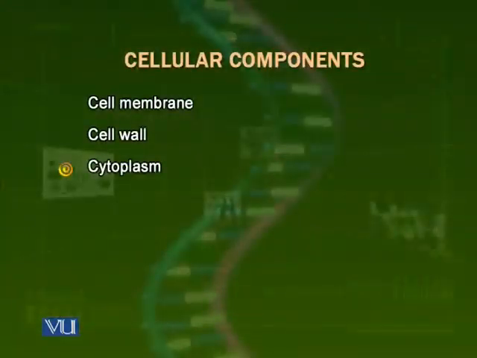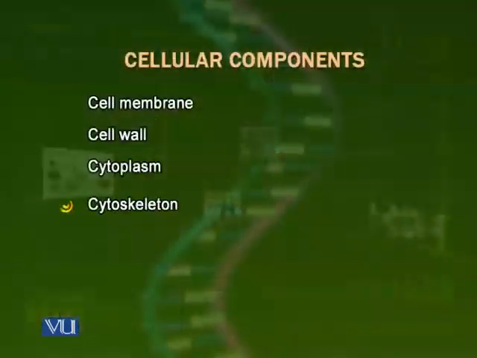Inside the membrane, there is a fluid that is called cytoplasm. Cyto means cell, plasm means fluid. Cytoplasm is the fluid that is present between the cell membrane and the nucleus. Cytoplasm has many components. All the organelles are there, and functions like metabolism are performed there.